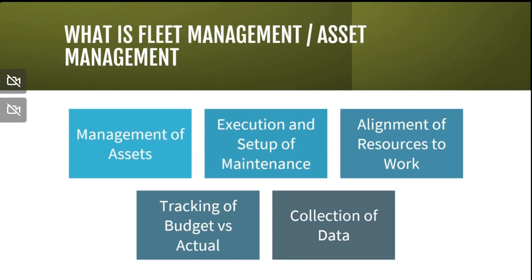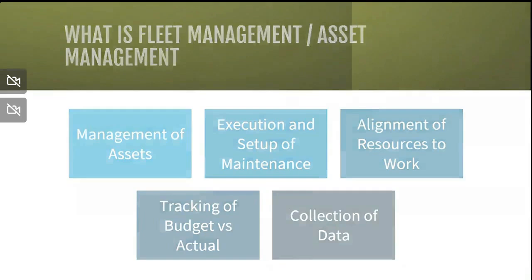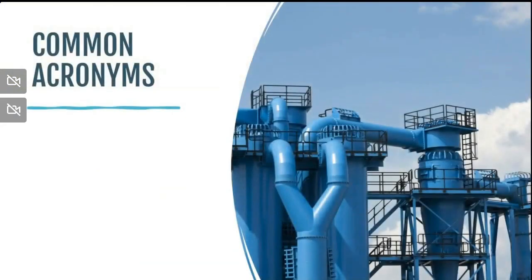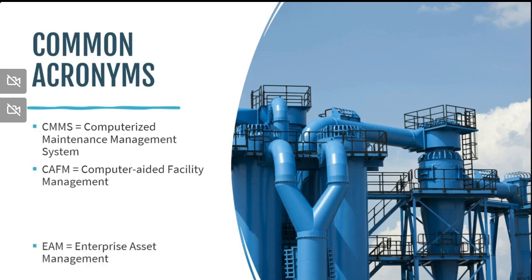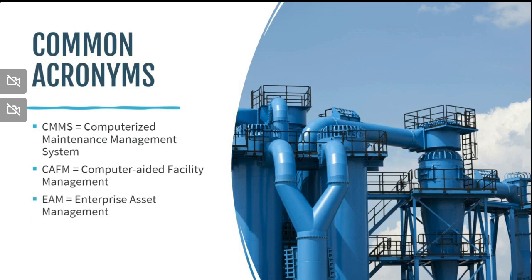Now, asset management has a couple of other terms that are pretty commonly used as well, and you may be more akin to these or familiar with these. An example would be a CMMS, a computerized maintenance management system, which is really the same thing as asset management in this conversation. There's also computer-aided facility management, or CAFM, along with enterprise asset management.